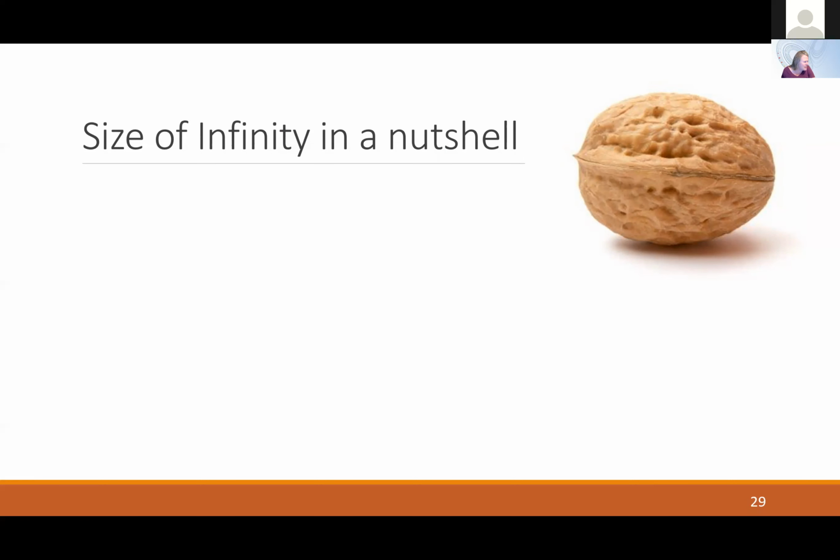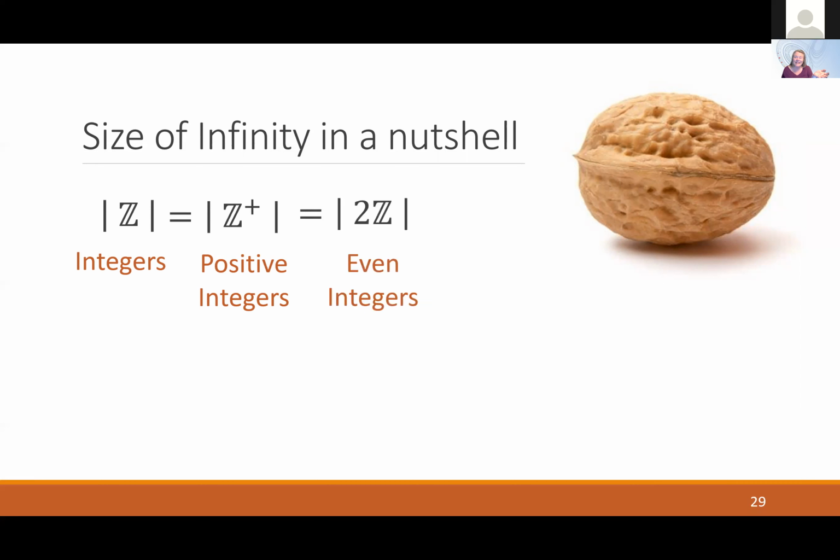So just to close this out, this connection between sets and functions and infinity. What we've seen is that the size of the set of the integers is the same as the size of the set of the positive integers, which is the same as the size of the set of the even integers.